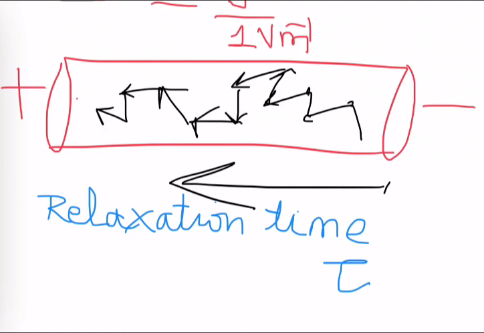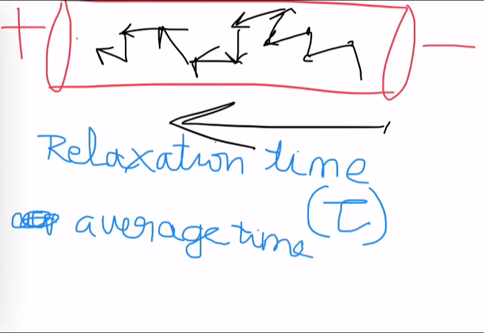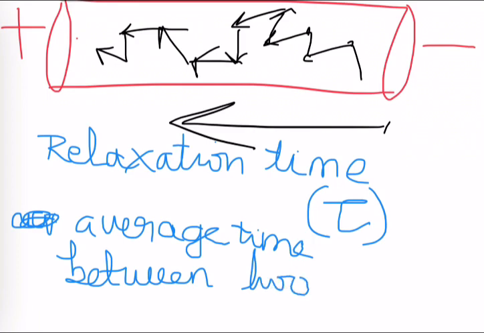Define relaxation time: it is the average time between two successive collisions. Between collisions the time taken differs, but add all the timings and divide by the total number of collisions, and that gives the average time.